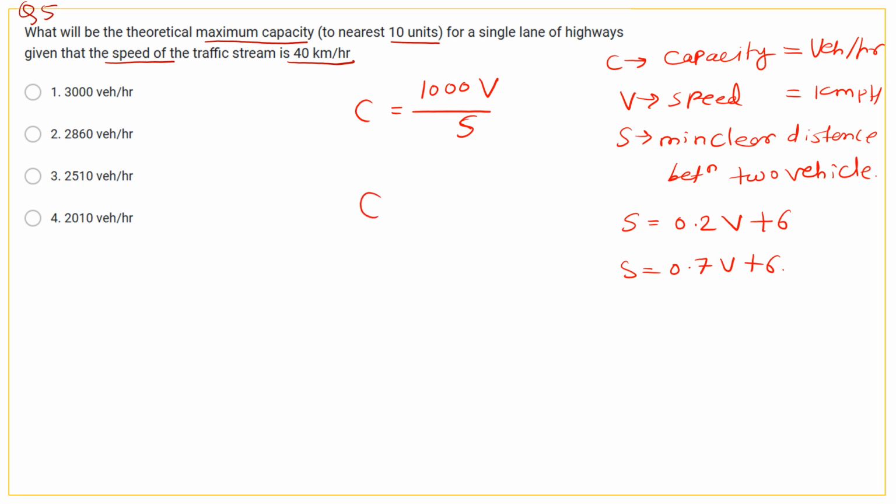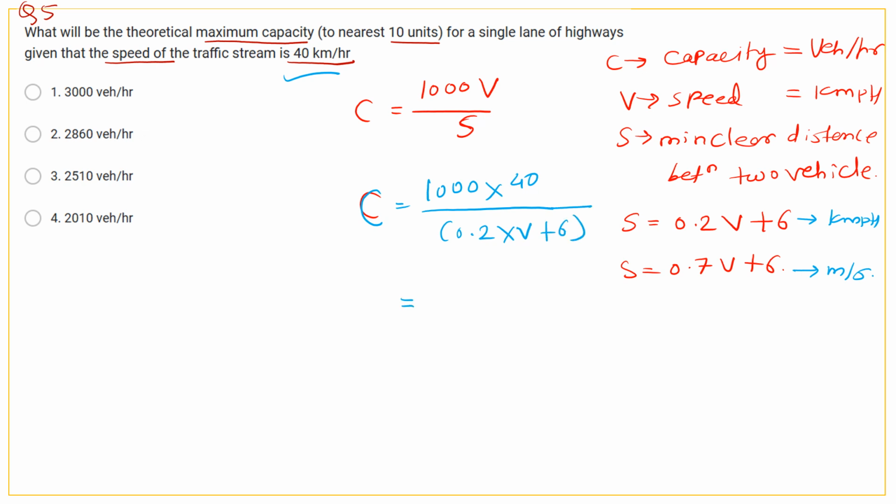So C is equals to 1000 into V, where V is 40, divided by S. Here this 40 is given in kilometer per hour, kmph. So this formula is for kmph and this formula is for meter per second. Okay, so here 0.2 into V plus 6.